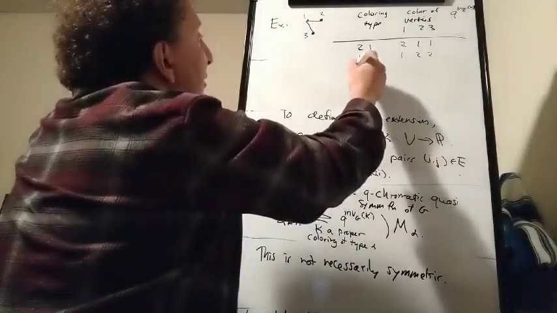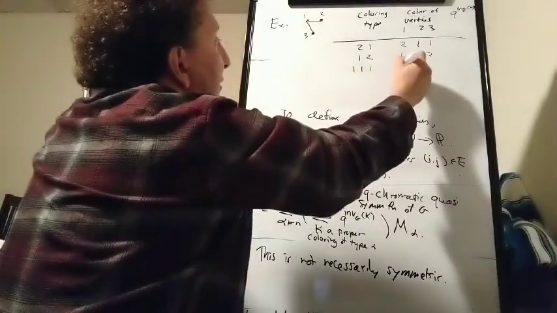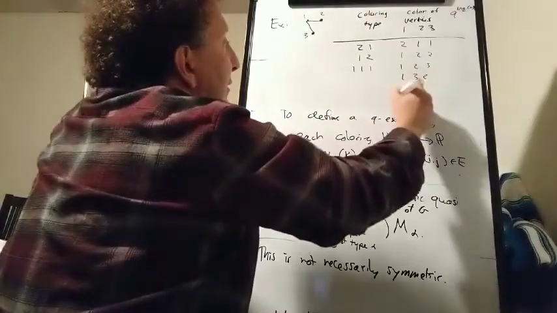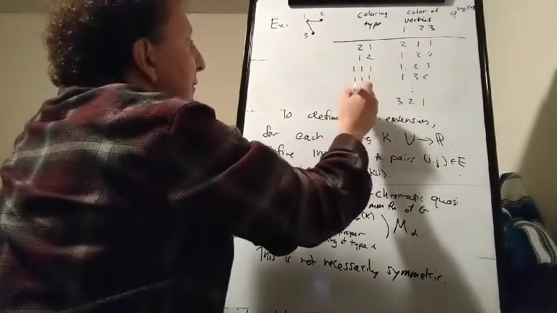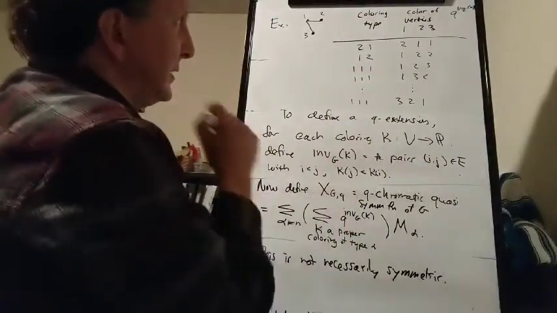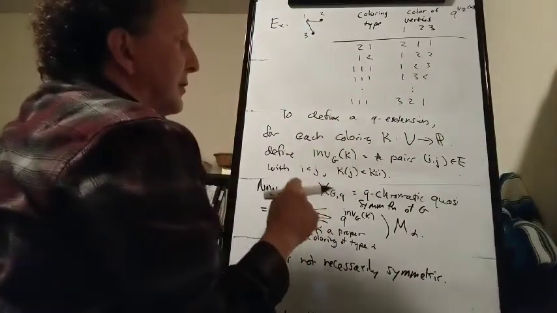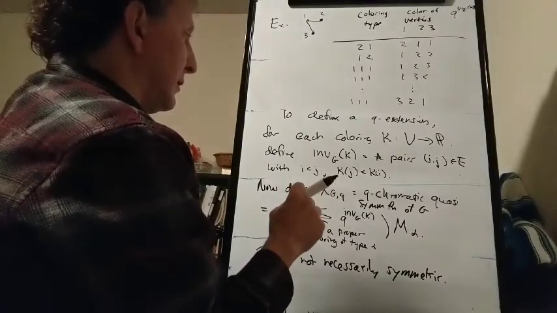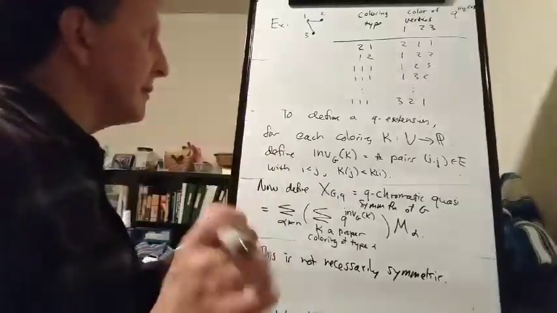And then, of course, there's colorings of type 1, 1, 1, where we give the vertices colors 1, 2, and 3, 1, 3, and 2, etc. All possible 6 permutations of that. These are going to have inversions.